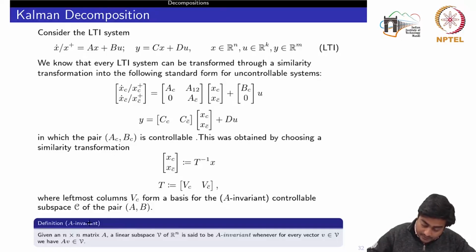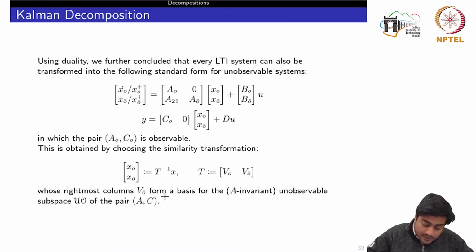So this is the A invariant controllable subspace. Now the basis is the minimum number of vectors required to span this subspace, and these vectors are basically the leftmost columns of this matrix V C.